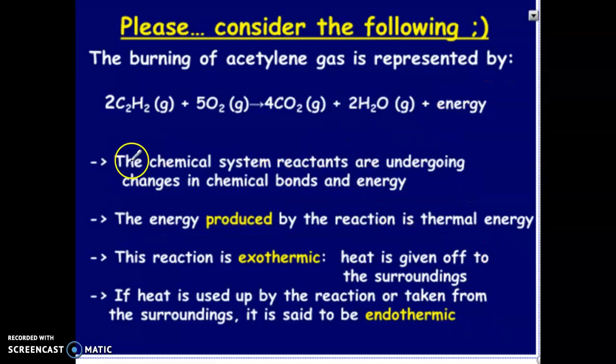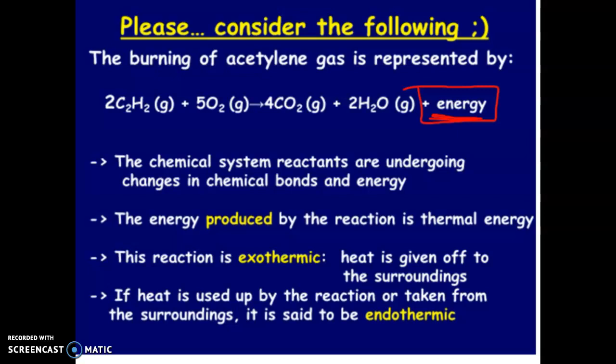So let's take a look at a reaction, just some key things to start getting to know. When we start looking at chemical reactions, you may see energy terms actually in the balanced chemical equation itself. Here we have a combustion reaction of acetylene, or ethyne, which has a triple bond, but energy is released.